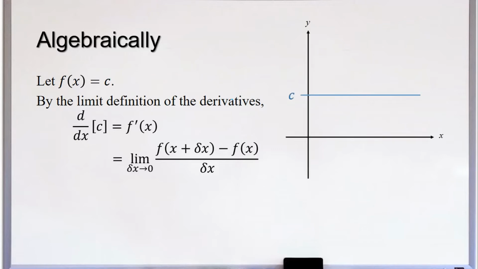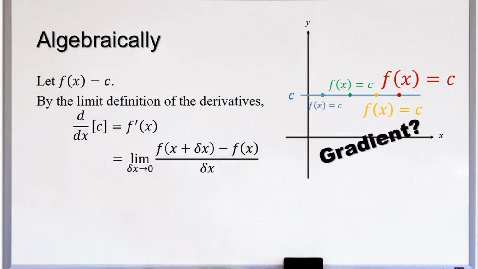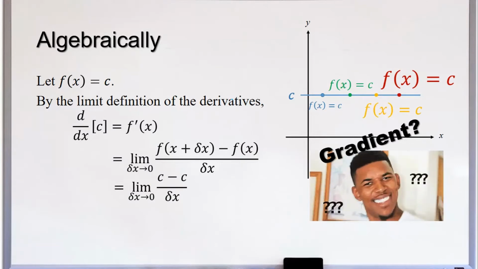Let's say we bring back this function. We have y equal to c, which is a constant function. We plot several points on this graph, and we'll still get c. When we want to find the gradient, it's just c minus c, and c minus c is 0. We can conclude that d/dx, or derivative of a constant function, is equal to 0.